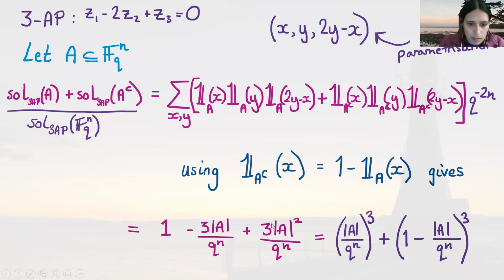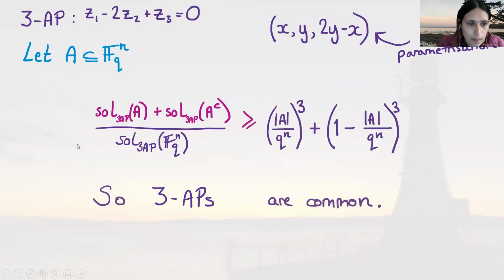And what comes out is exactly this, which you can see can be rearranged to this. So just observe before I go to the next slide, we've said that the density of the monochromatic solutions in a particular set A is exactly equal to this.